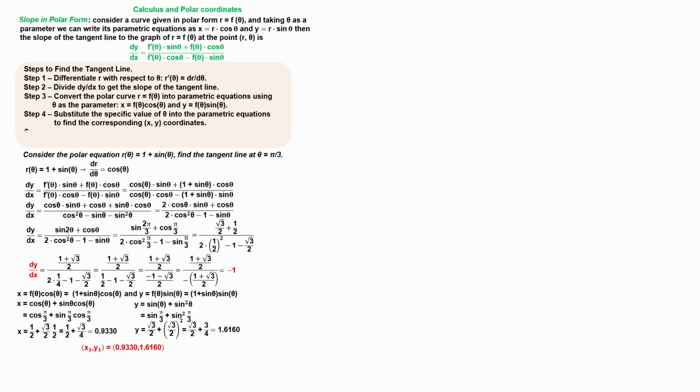Step 5. Once you have the slope and the point x and y, use the point-slope form to write the equation of the tangent line.